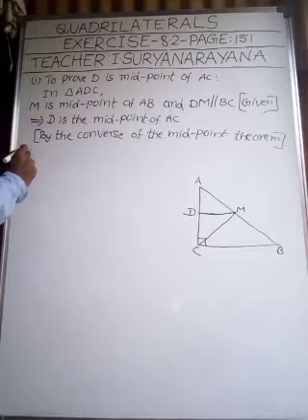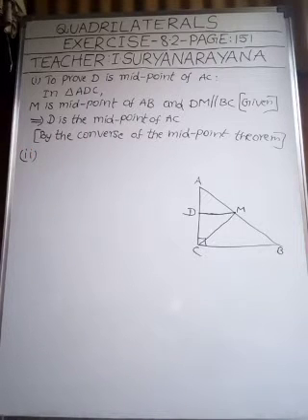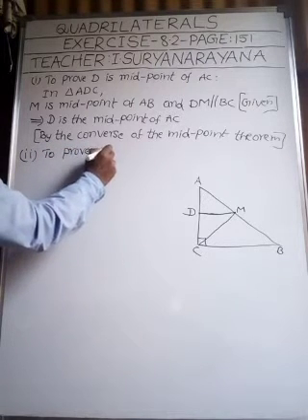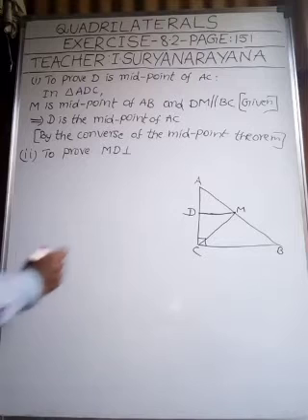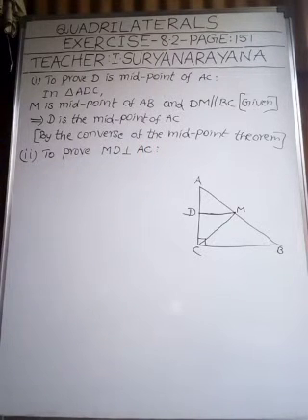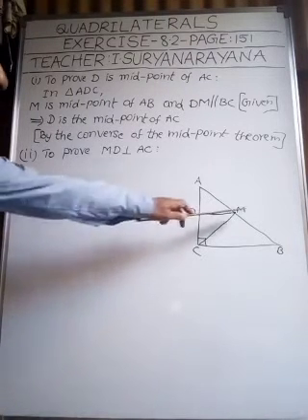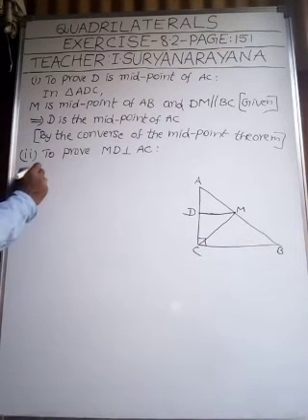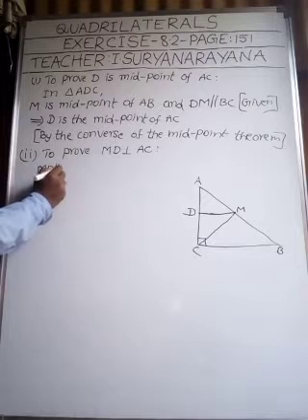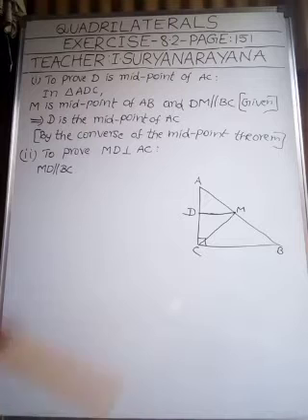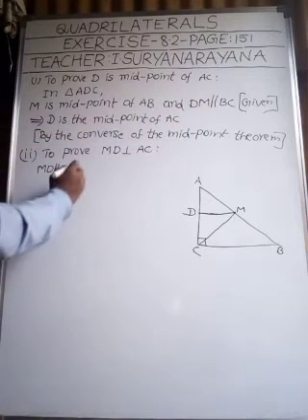Now come to the second part. We have to prove that MD is perpendicular to AC. Here MD is parallel to BC, it is given already.